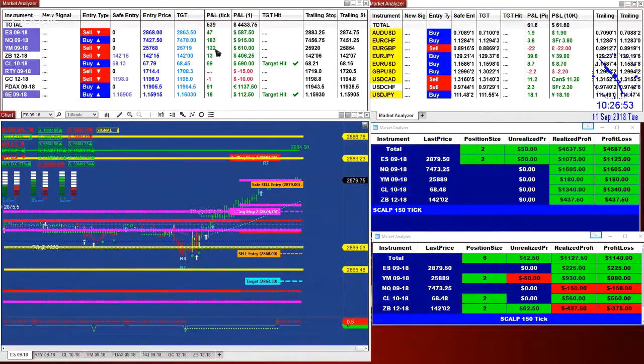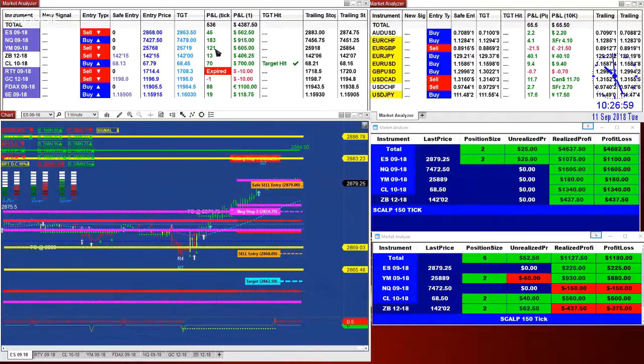And then 69 ticks on the CL. And then the Russell is going south, gold is going south. We had beautiful runs early this morning on the DAX with the automated trade actually, but I had to flatten everything out, and we need to go ahead and reactivate the swing trading.